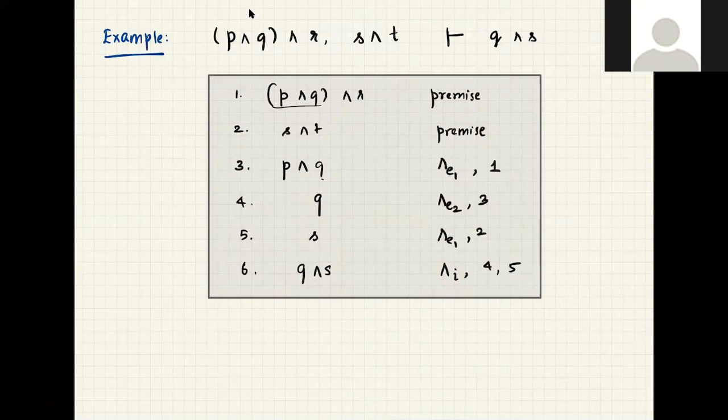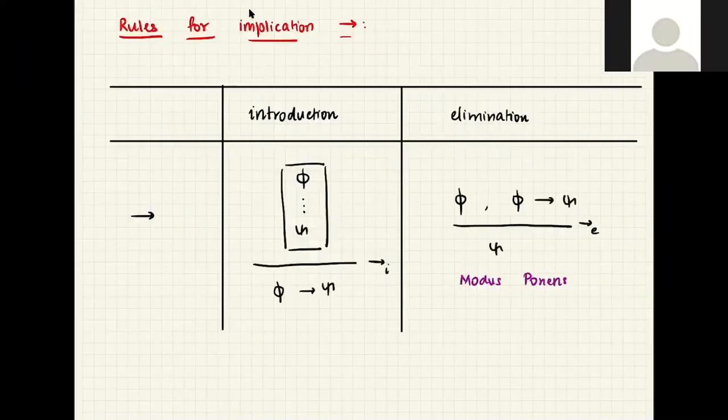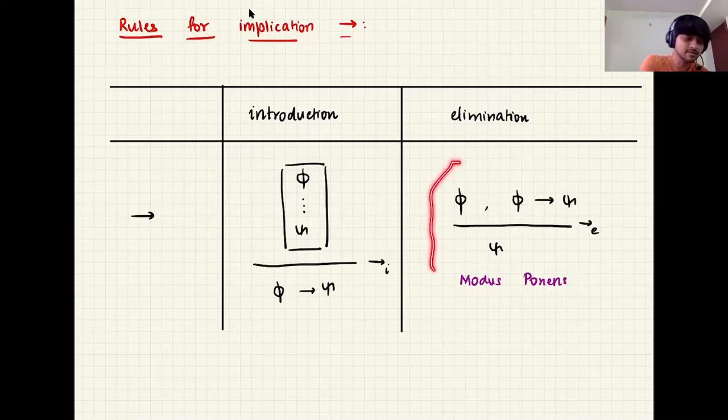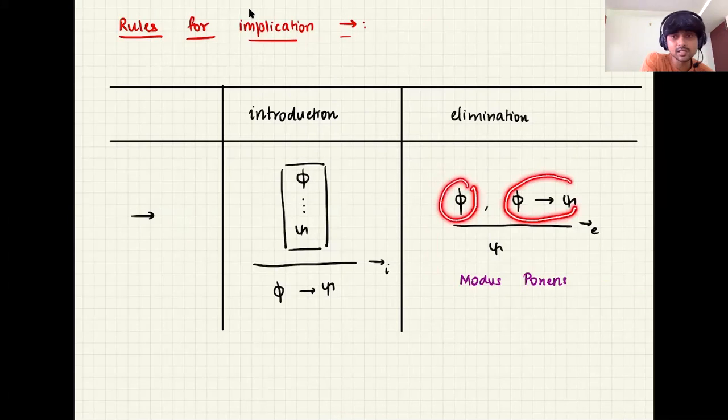Good. So let's look at a new rule for a different operator. What about the implies? For each operator, we will have an introduction rule and an elimination rule. Let me start with the elimination rule first. Suppose I have derived phi and I have also derived phi implies psi, then I can derive psi.